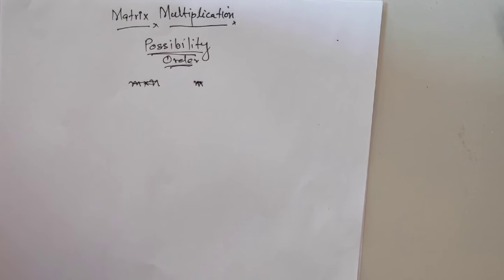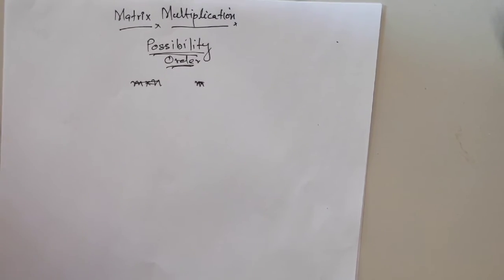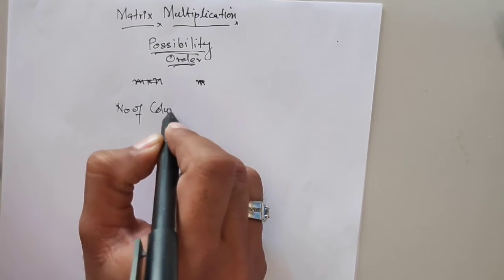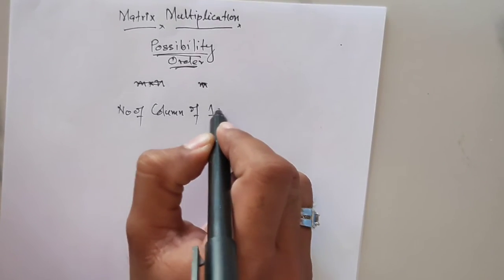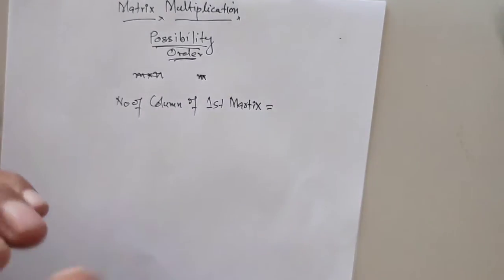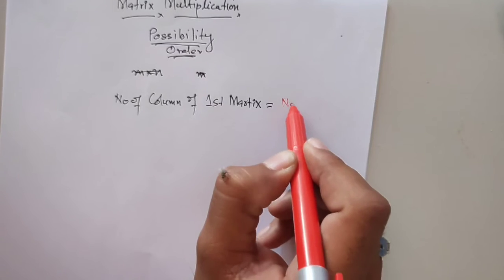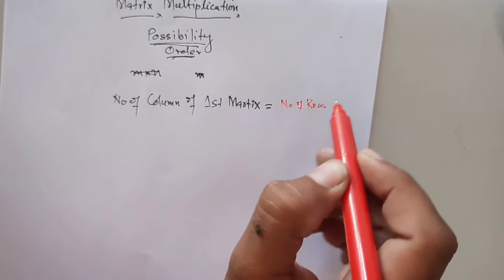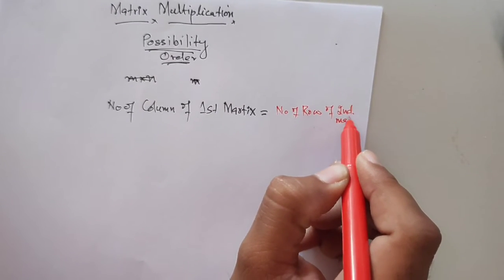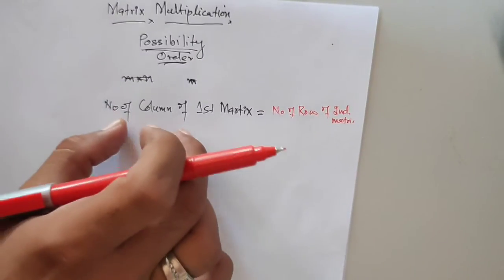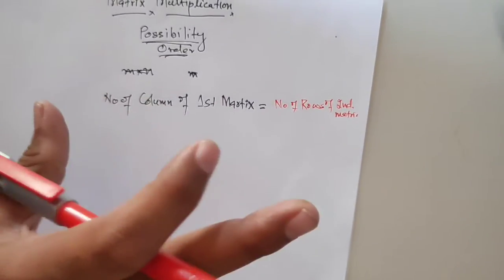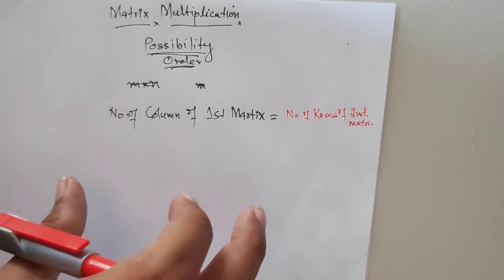The trick is: when the number of columns of the first matrix is equal to the number of rows of the second matrix, the multiplication is possible. If the columns of the first matrix and the rows of the second matrix are equal, it means you can multiply these matrices.